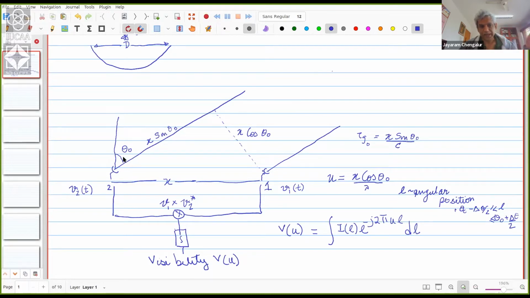Because the angle is changing, that term also has to be corrected all the time, which is something that the correlator does. The device which does this operation is called a correlator.